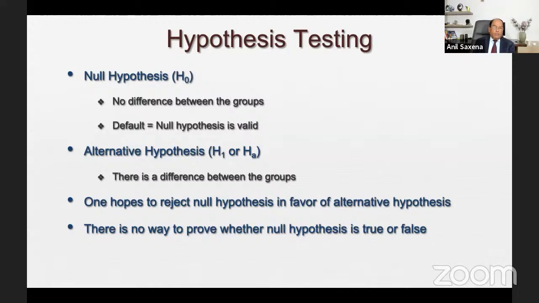So that is called the H1 or HA, the alternative hypothesis. By doing the trial, you hope there will be a difference between the two groups, and you will be able to reject the null hypothesis. Your aim is to reject the null hypothesis. But while the trial is going on, you have to hold that hypothesis that both groups are the same and there is no difference.